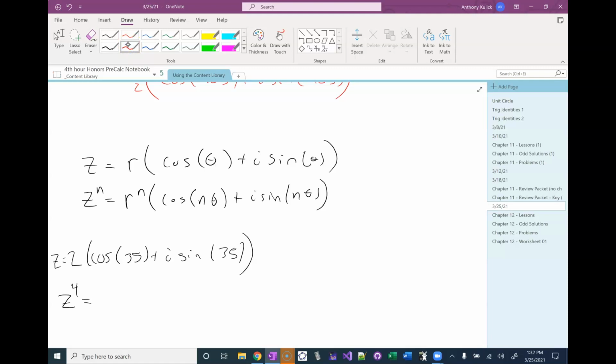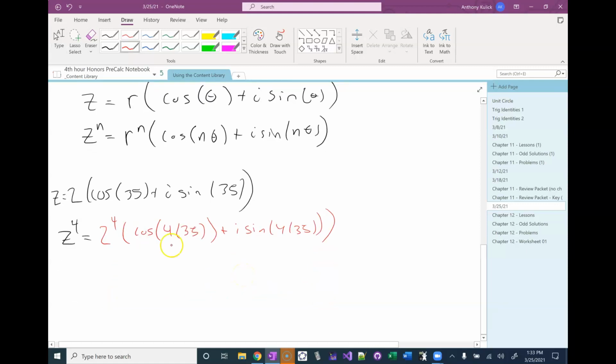Sure. Okay, so that's going to be 2 to the 4th cosine 4 times 35 plus i sine 4 times 35. 4 times 35 is 140. 2 to the 4th is 16. That's trigonometric form where my theta is clearly between 0 and 360. I didn't even have to worry about coterminaling it.